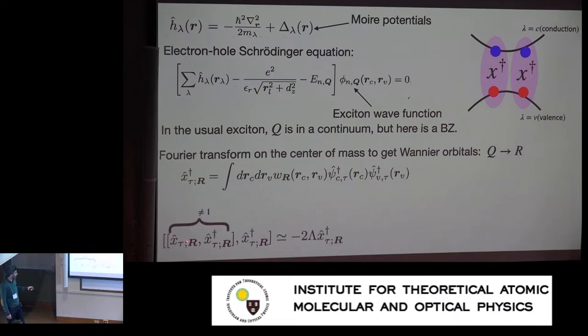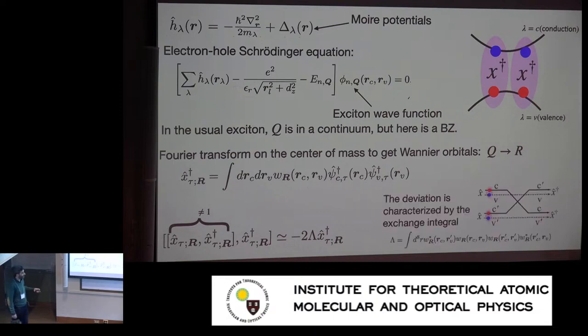And now you see that when you look at the commutation relation of x and x dagger, it's not one. So if lambda was 0, it would have been a good old exciton. But now it's not. And the same integral that happens in exchange interaction is basically this.